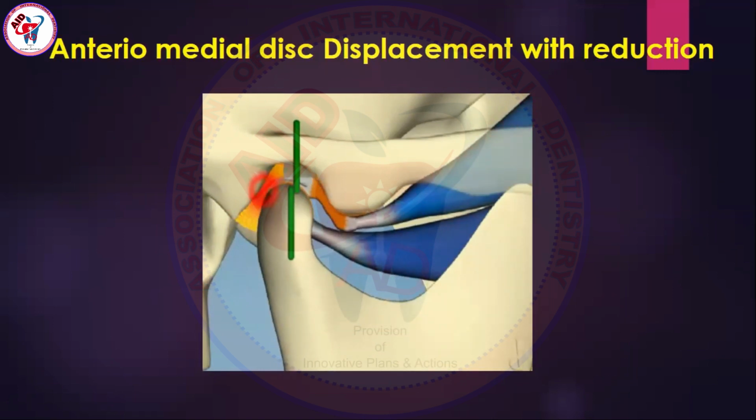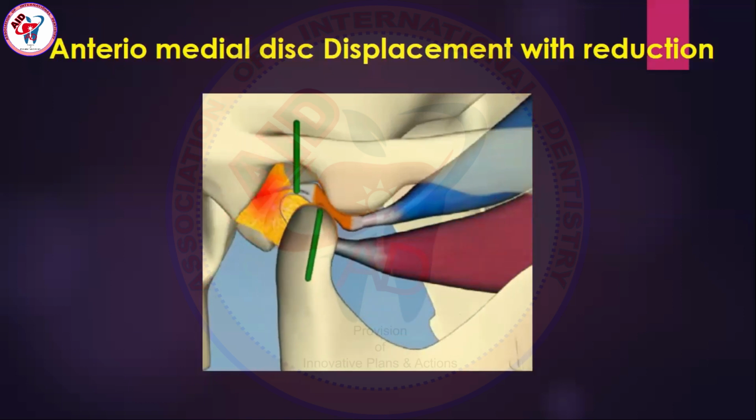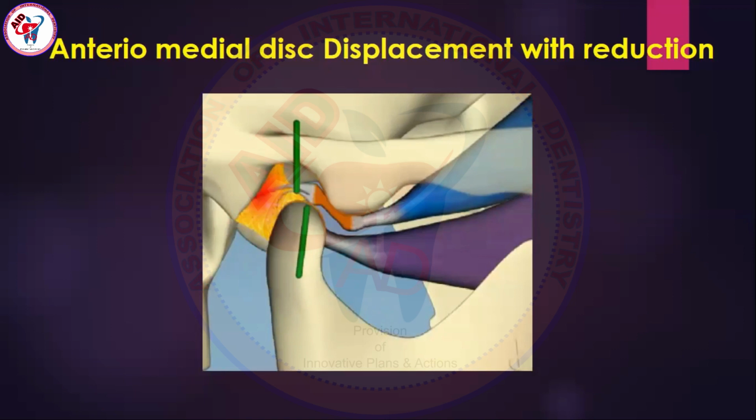Why medially? The medial side is the attachment of the lateral pterygoid muscle. In the second stage, the lateral pterygoid muscle becomes more spasmed.